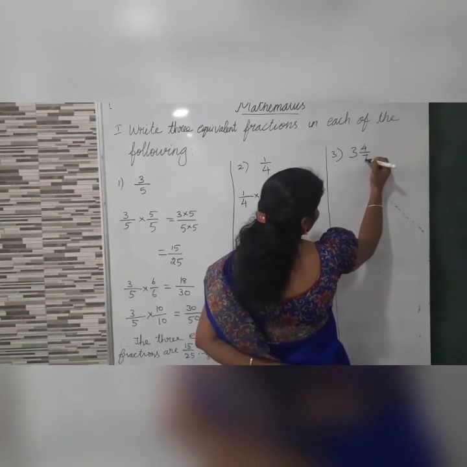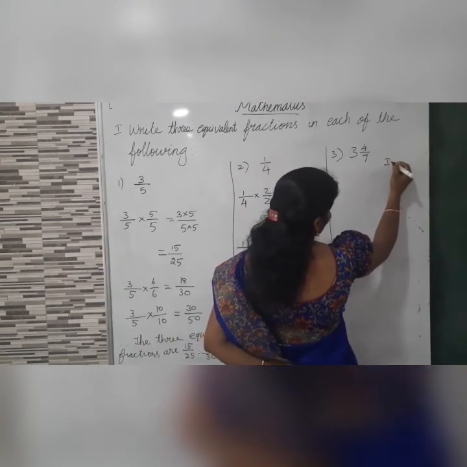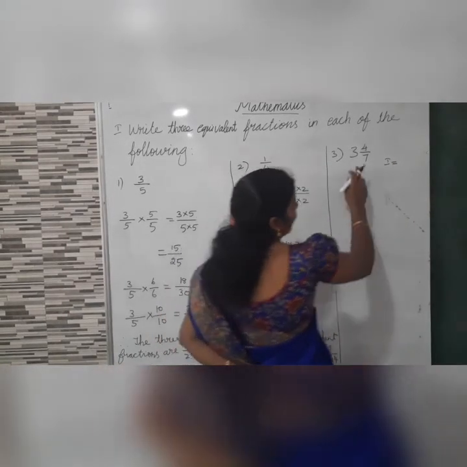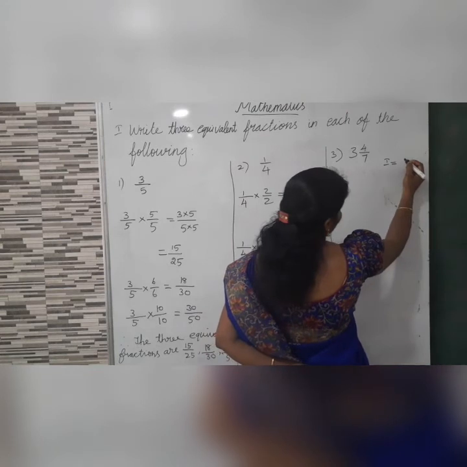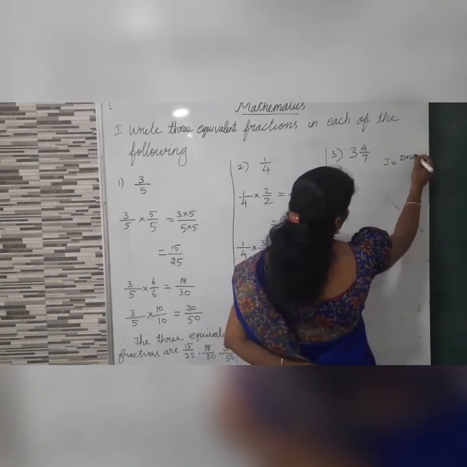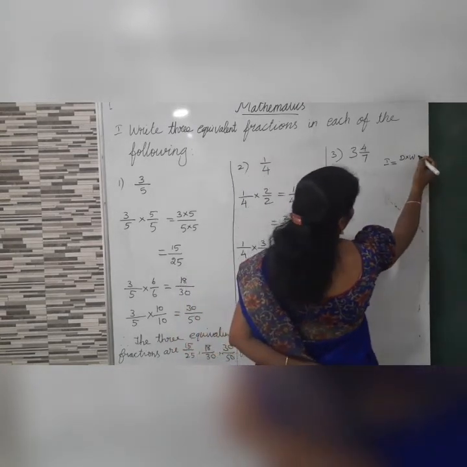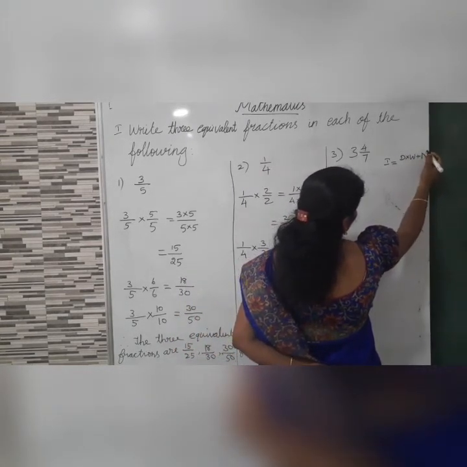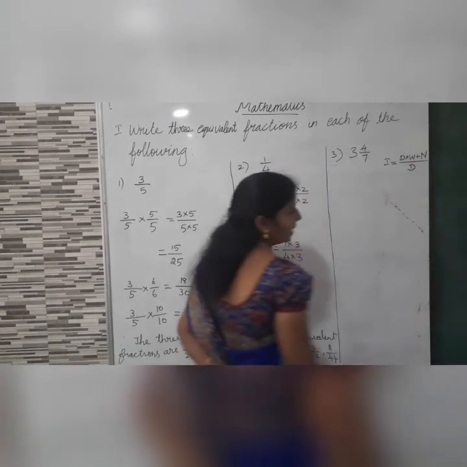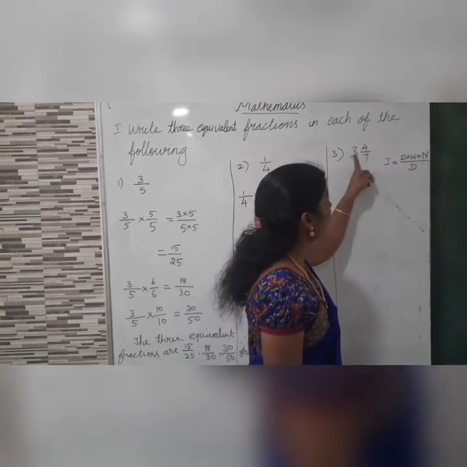Improper fraction is equal to denominator into whole, that is the integral part, plus numerator divided by denominator.